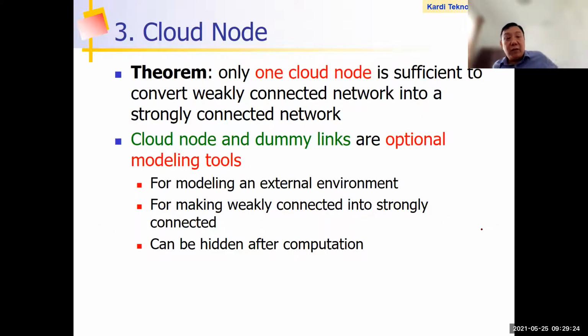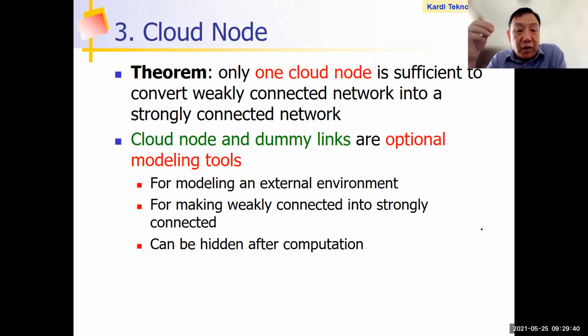Okay, next is the concept of cloud node. So the theorem said that only one cloud node is sufficient to convert the weakly connected network into a strongly connected network. Again, this is an optional modeling tool.